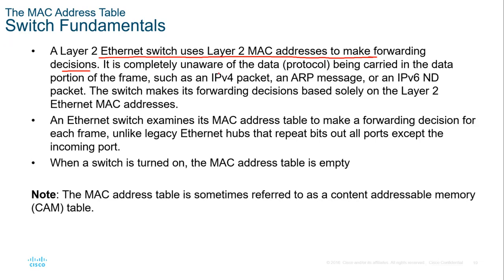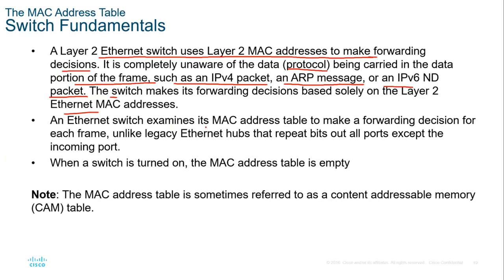It is completely unaware of the data or the protocol being carried in the data portion of the frame, such as IPv4 packets, address resolution protocol messages, or IPv6 neighbor discovery packets. So the switch makes its forwarding decision based on the layer 2 MAC address. It uses the MAC addresses to do the forwarding.